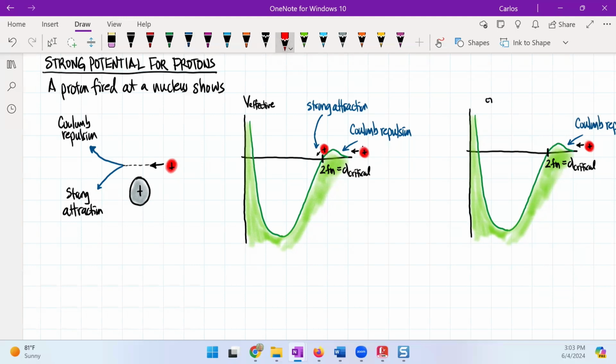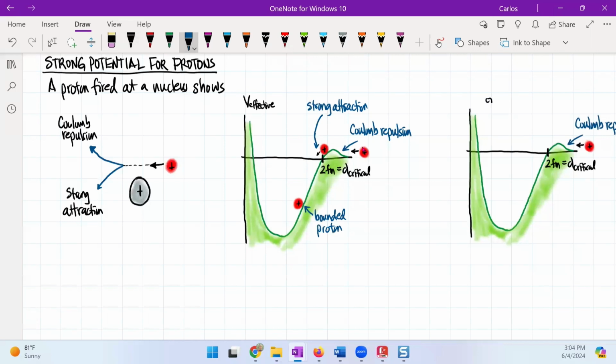Once a proton is captured and it's in the well, this is what we are now calling a bonded proton.